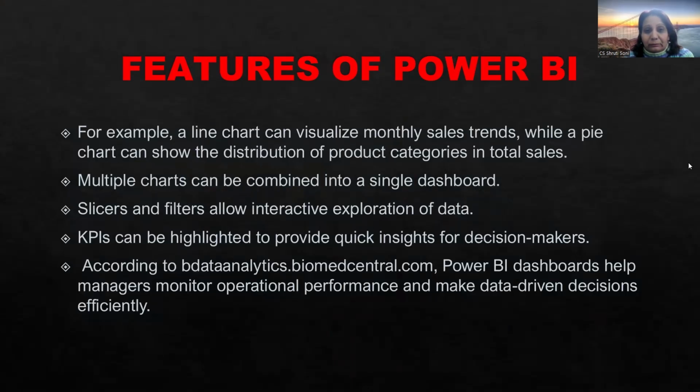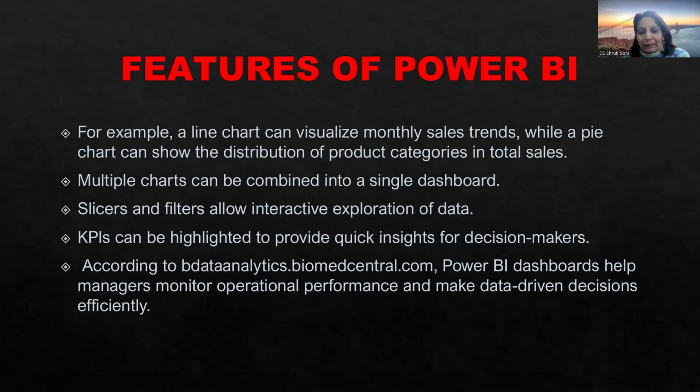If I talk about the features of Power BI, for example, a line chart can visualize monthly sales trends. That is, if it is going up, you know that the sales trends are going higher. Whereas a pie chart can show the distribution of product categories in total sales, just like we saw in the previous slide.